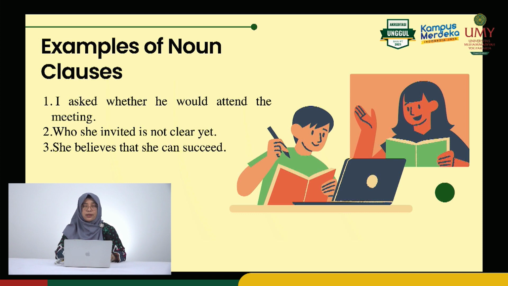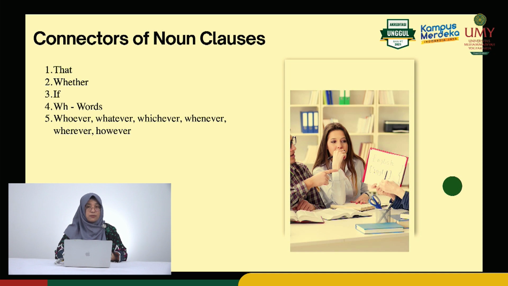She believes that she can succeed. As I mentioned before, this noun clause that she can succeed functions as the object. So you see that from this example, noun clauses can function as subject, as an object of preposition, as an object of copular verb, and others.